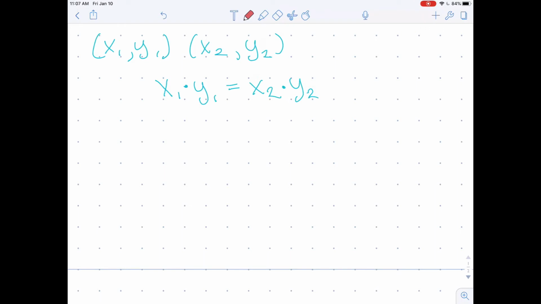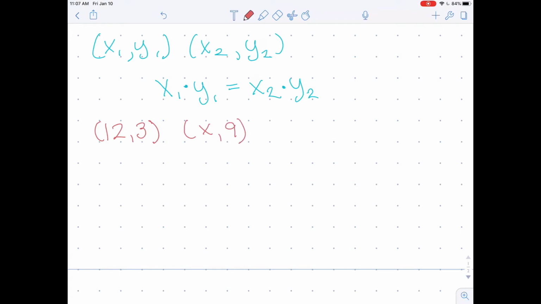Okay, so let's go ahead and practice using this. This first problem says y varies inversely with x, when x is 12, y is 3. Find x when y is 9. So we don't know x, we want to find it when y is 9.